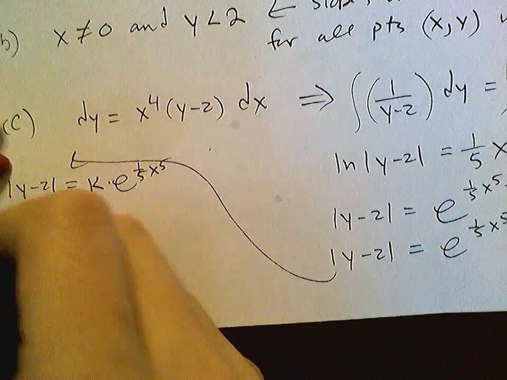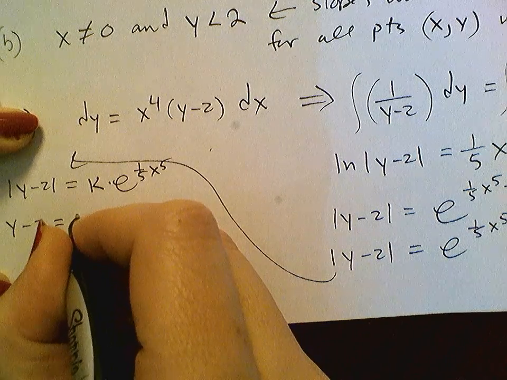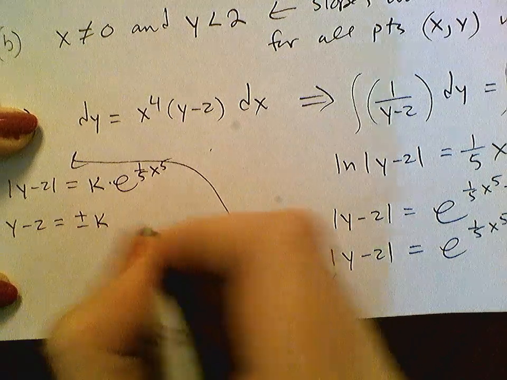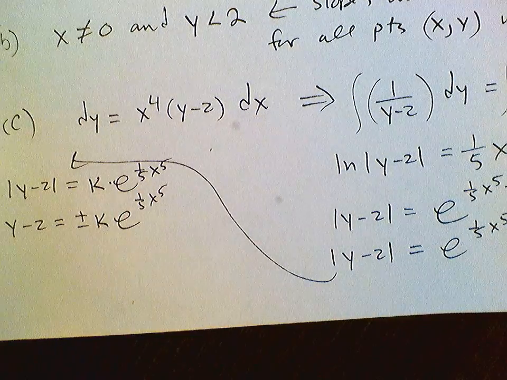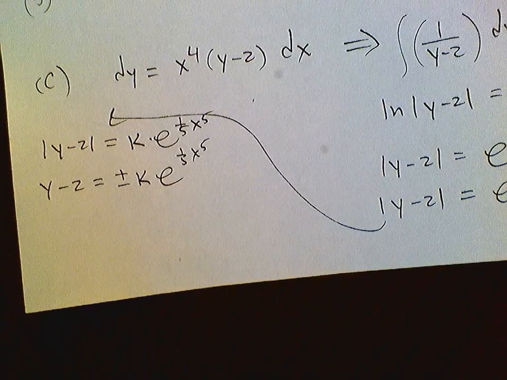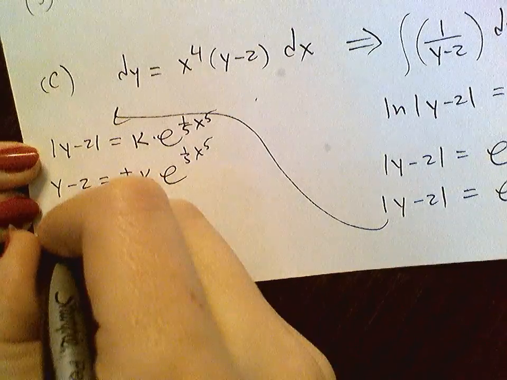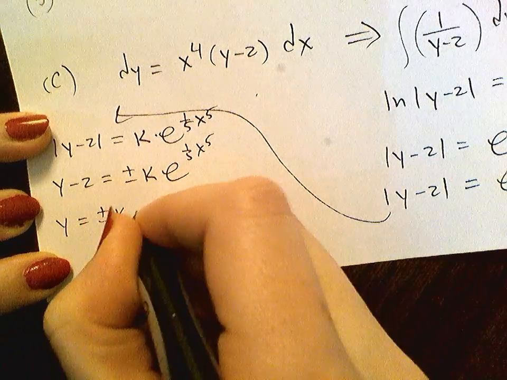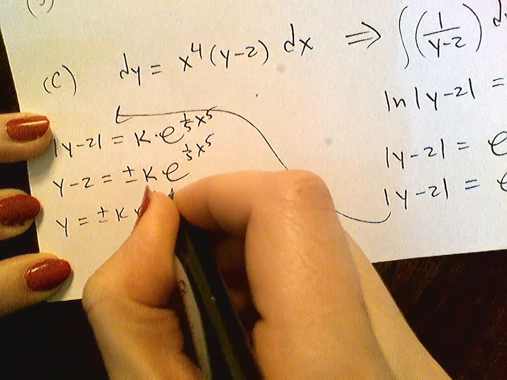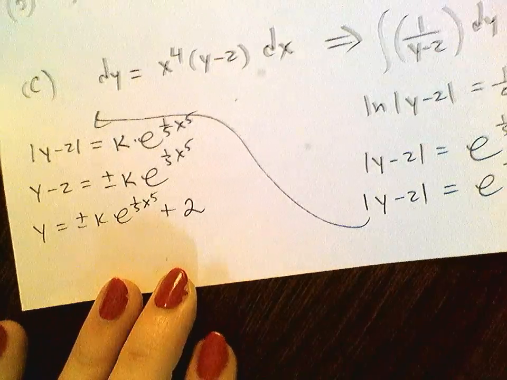So we end up with y minus 2 equals plus or minus k e to the 1/5 x to the 5th. And so y is equal to plus or minus k e to the 1/5 x to the 5th plus 2. We have to review how to solve equations like this.